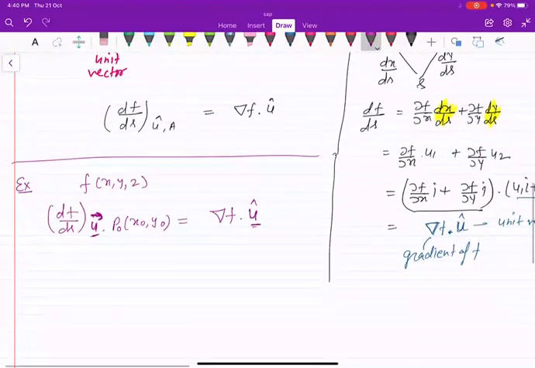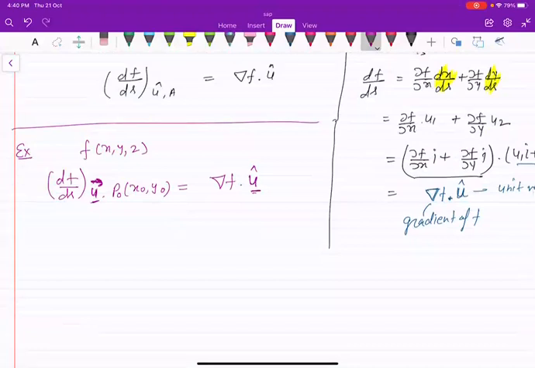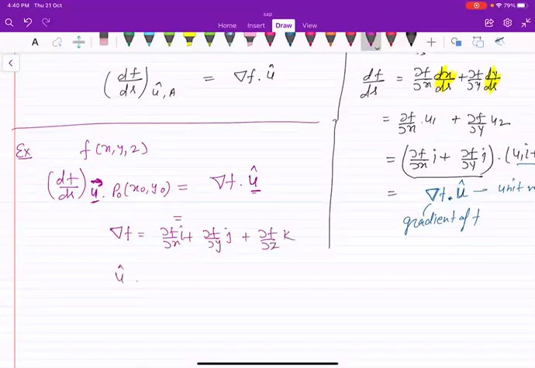Let us suppose, in this case, del f will be del f over del x i plus del f over del y j plus del f over del z k. And u hat will be u1 i plus u2 j plus u3 k. I, j, k are the unit vectors in the respective directions x, y, and z.